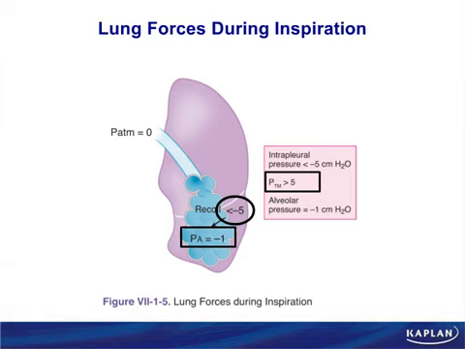Now we have a pressure gradient. Air will flow in. And that's how we get air in. And that's why this is called negative pressure breathing, because you're making alveolar pressure subatmospheric or negative. So that's how we bring air into the lungs. And again, we're just applying our basic concepts, working with the recoil forces and the transmural pressure gradient.